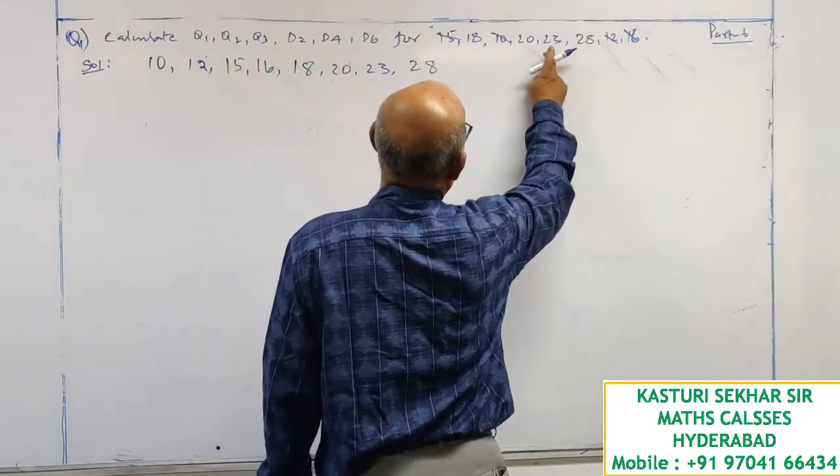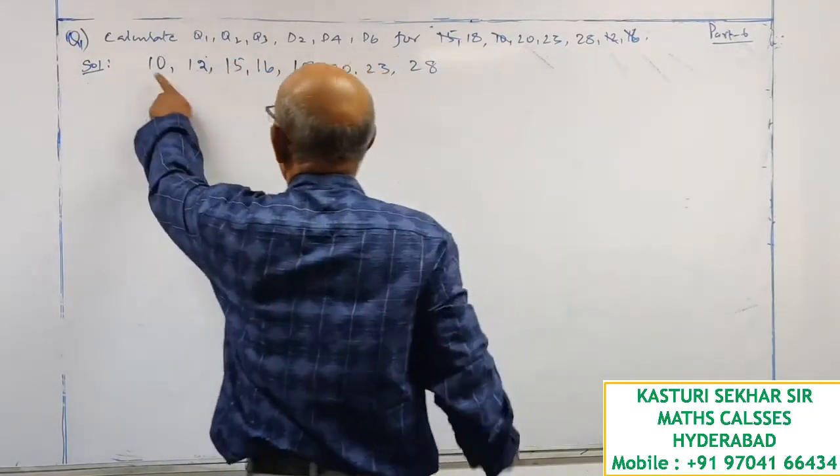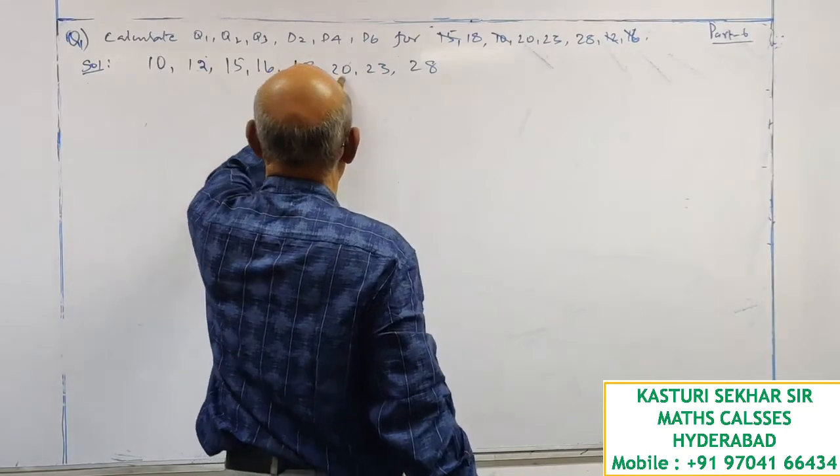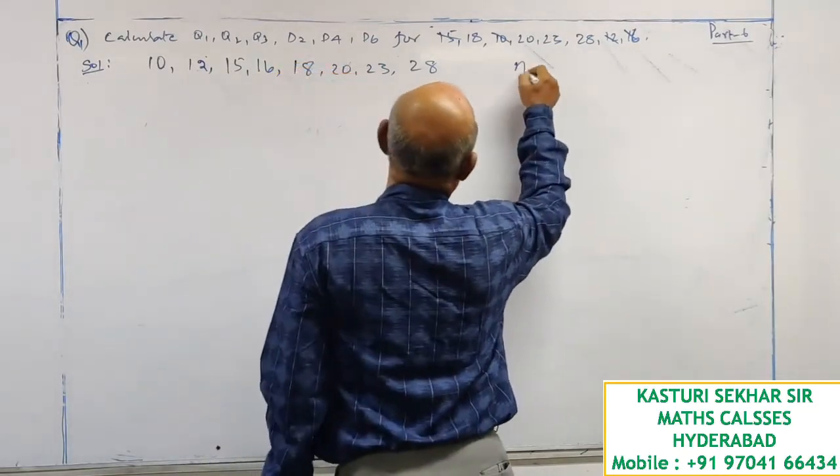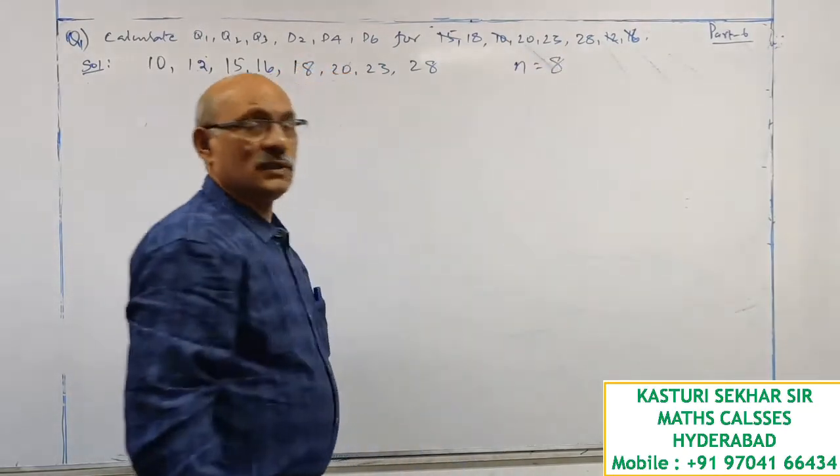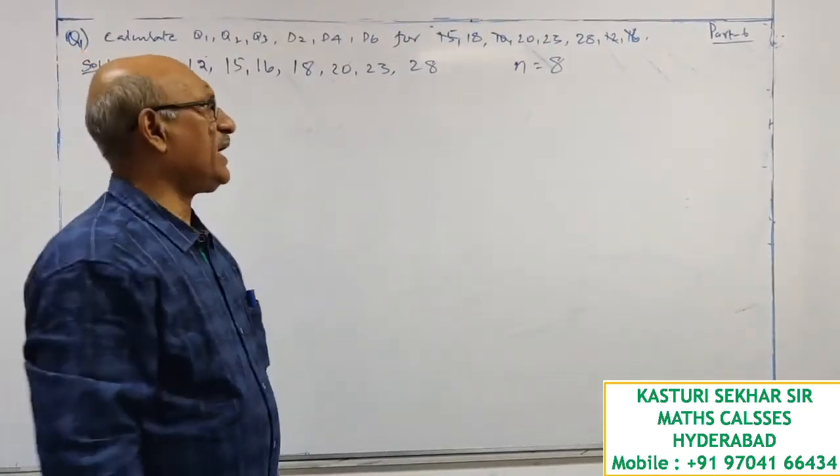The positions are 1, 2, 3, 4, 5, 6, 7, 8. N is equal to 8. Number of observations are 8.